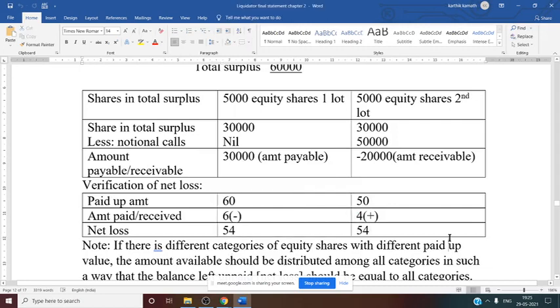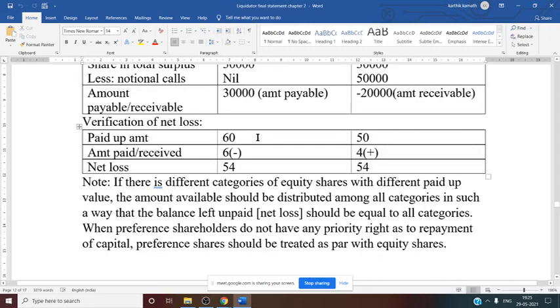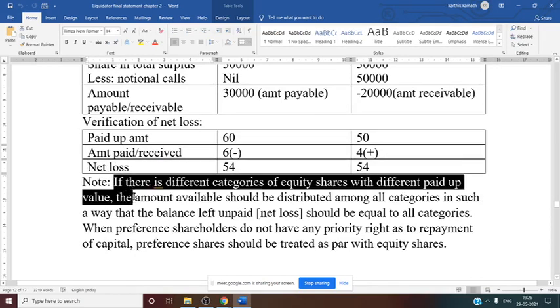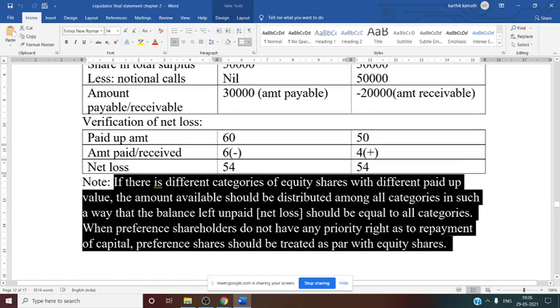So now the final answer, this net loss should be equal, or else your problem is wrong. If you don't get this as equal, then you have made some mistake in the problem. That is why we are doing this verification. Now after this there is one note. This is a very important rule that we have to understand here.